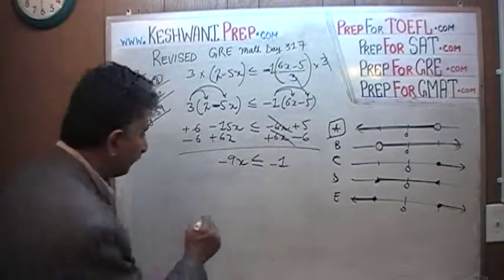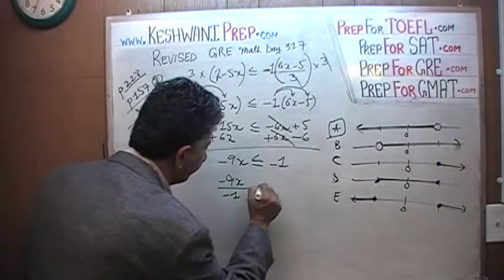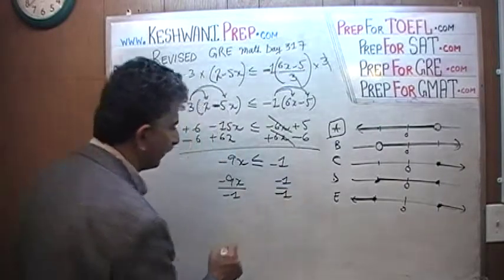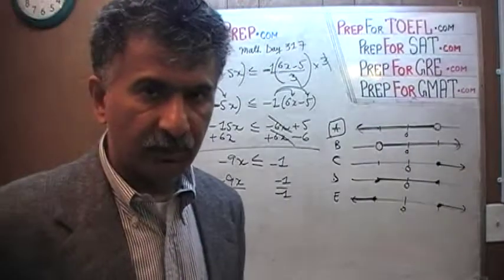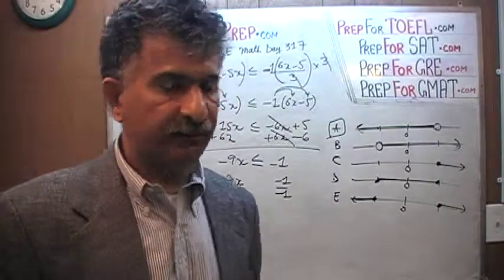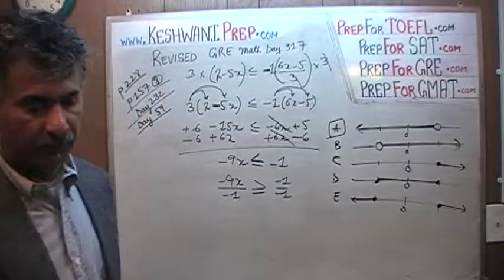Now we need to divide both sides of the inequality by negative 9, so that we can get rid of this negative. But as soon as you divide both sides of the inequality by a negative number, we have to switch the direction of the inequality, which is what we learned yesterday. So this less than or equal to becomes greater than or equal to.